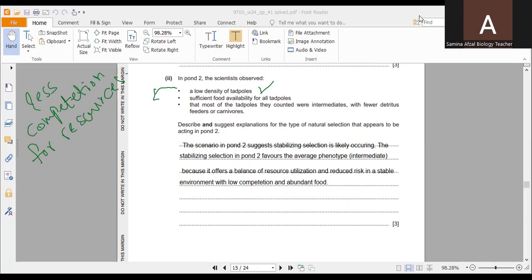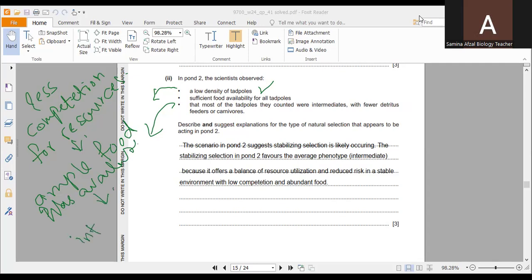Less population, less competition for food, so the availability of food was ample. Food was available, opposite to pond 1. Most of the tadpoles they counted were intermediates, which leads to the best fit environment for intermediates. They survived.